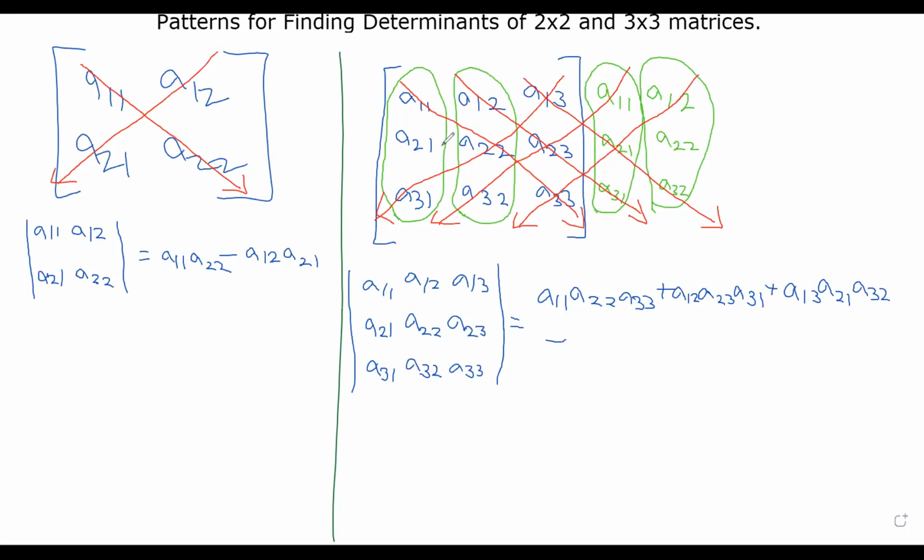And it's going to be minus the other three products: A13 A22 A31, minus A11 A23 A32, minus the other product, A12 A21 A33.